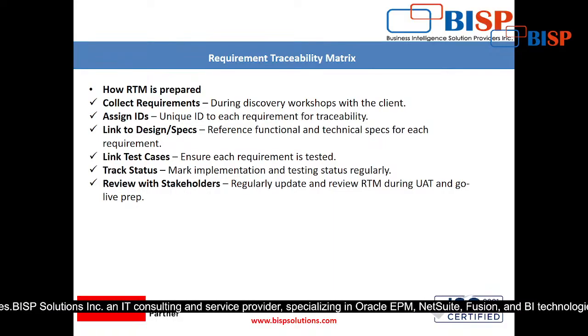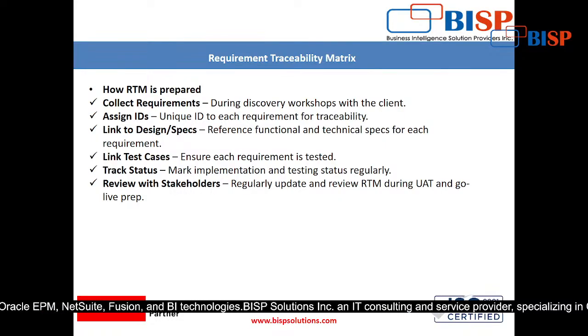Link to design and specifications. Reference the functional and technical specifications for each requirement. You have to take two documents side by side: the functional requirement and the technical specification.